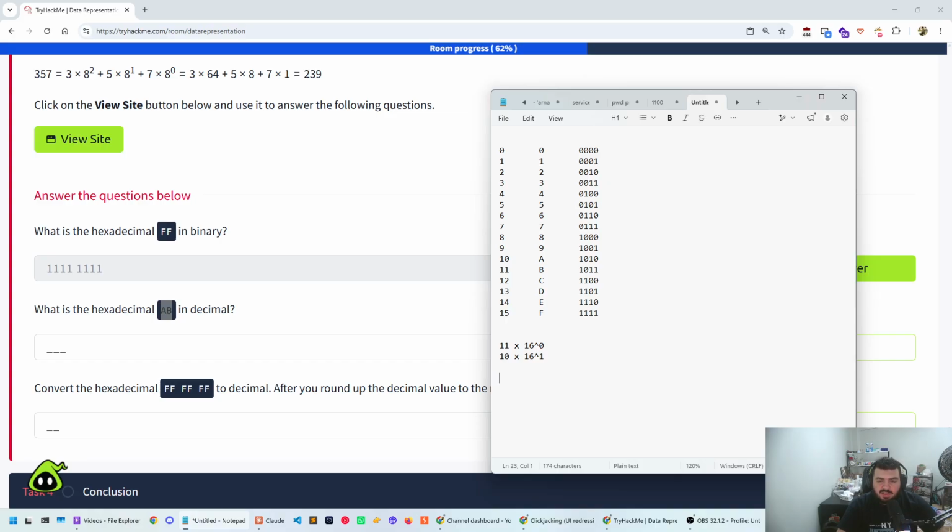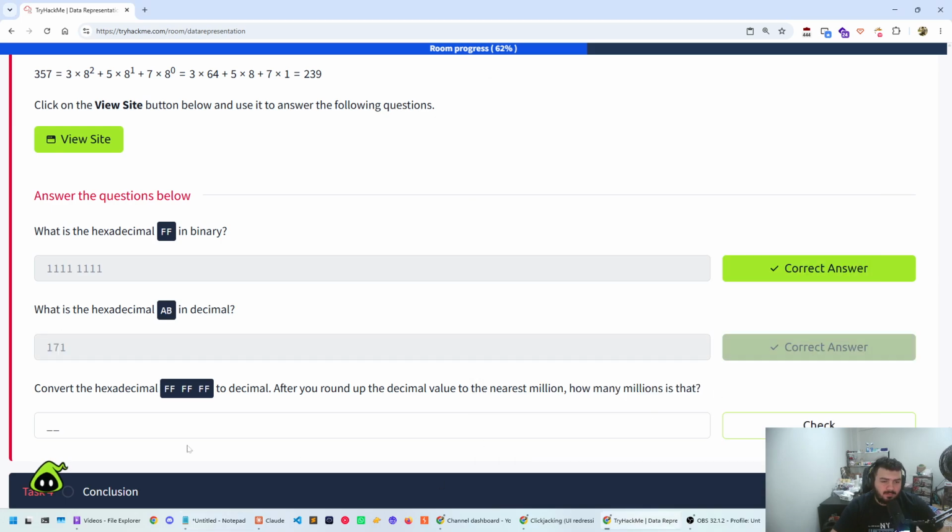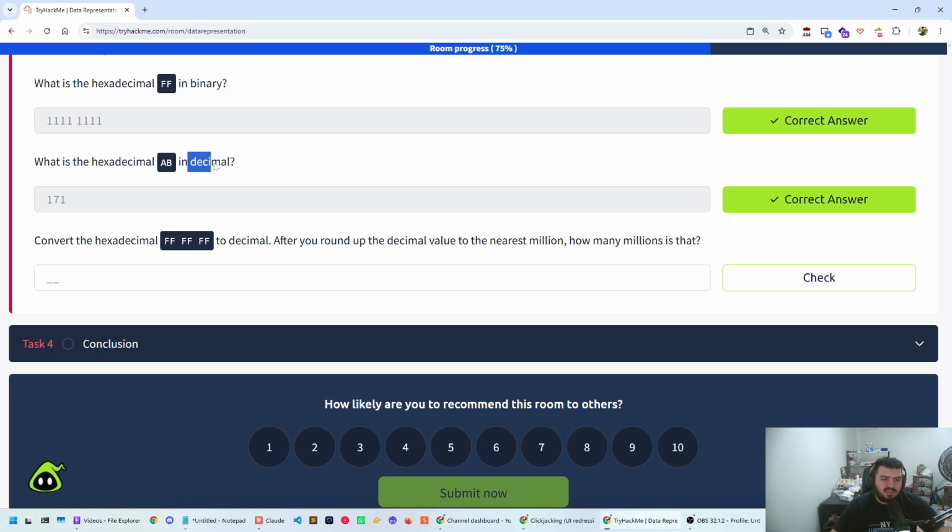Okay, so this thing is 11, and this thing is going to be 160. So this will be 171. Okay, so decimal is like our normal numbering system that we use, which is base 10.